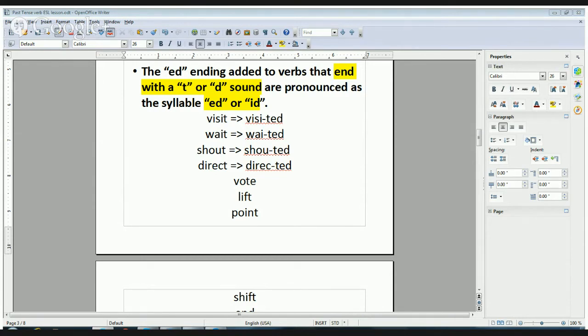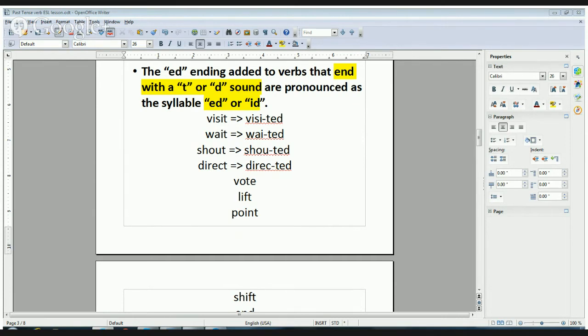So in this one, you're going to look at how the verb ends. Now it says with a T or a D sound, not necessarily the letter. Sometimes it does end with a T or it ends with a D, that's fine. But if it doesn't and it has the same sound, then you're just going to pronounce ed or id. Now let me give you an example.